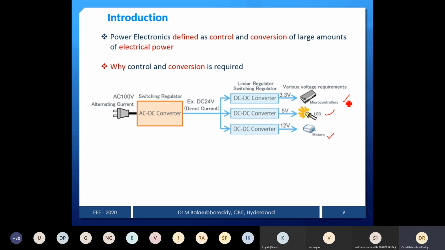For a microcontroller we need 3.3 volts, an LED maybe 5 volts, small motors maybe 12 volts, and then laptops and different types of adapters. So many things are required with different voltage levels.